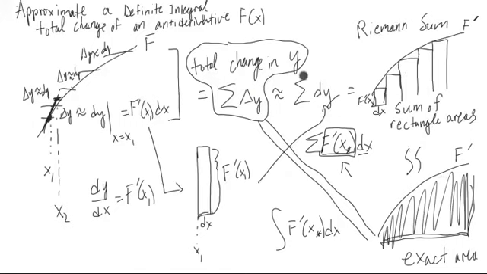So approximating the change in y by using lots of dy's, using this particular formula, is the same thing as approximating exact area by a sum of rectangles. It's one and the same thing.